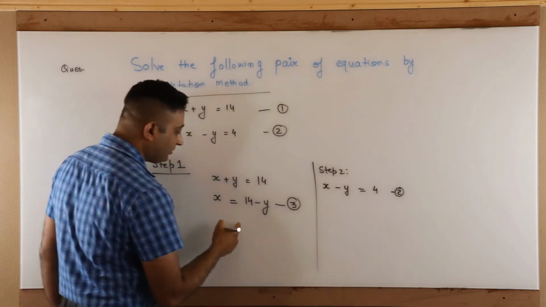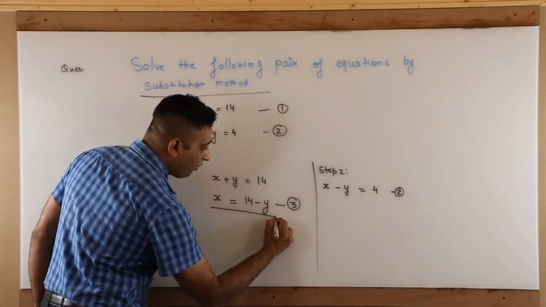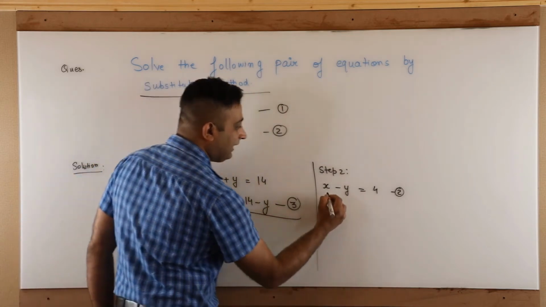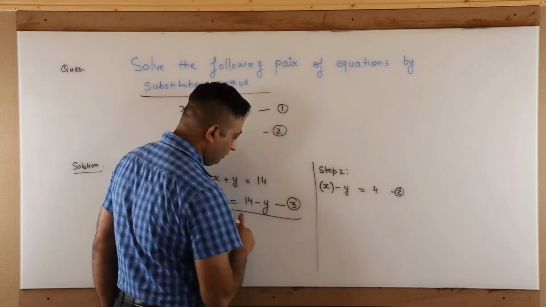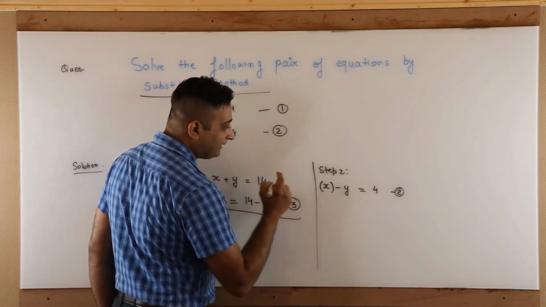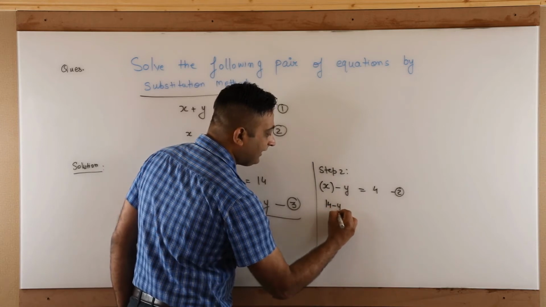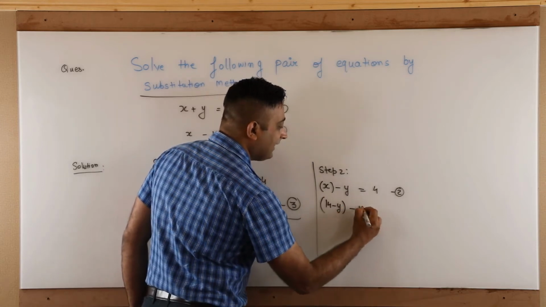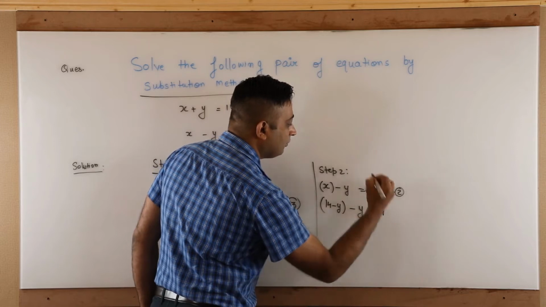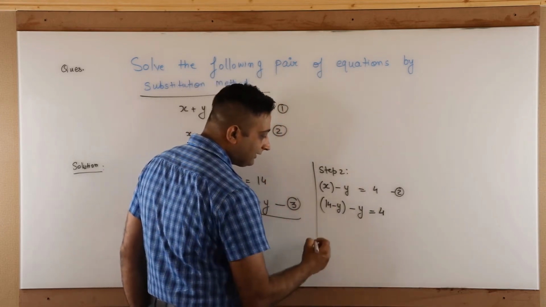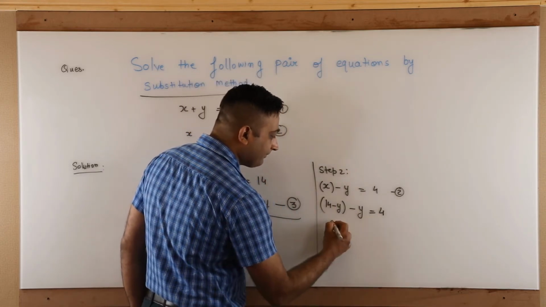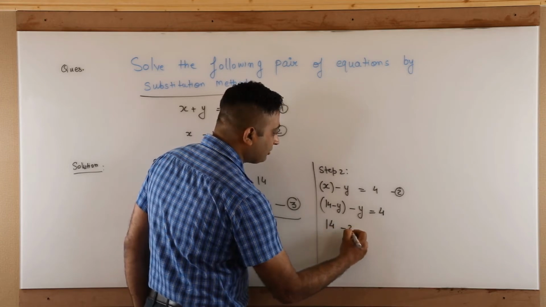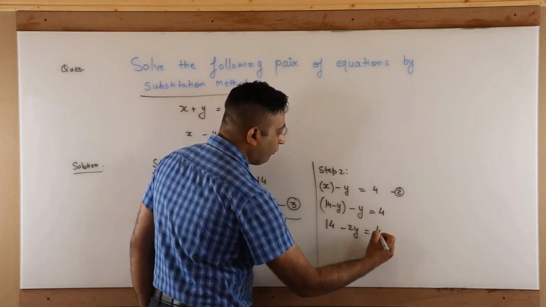Now we will substitute the value of x from equation number 3. So x was 14 minus y. So here we will write 14 minus y, and minus y equals 4. Now we will solve this to find the value of y, that is 14 minus 2y is equal to 4.